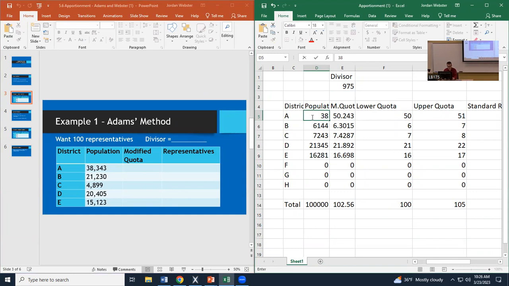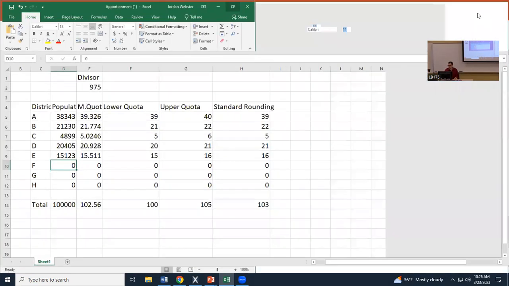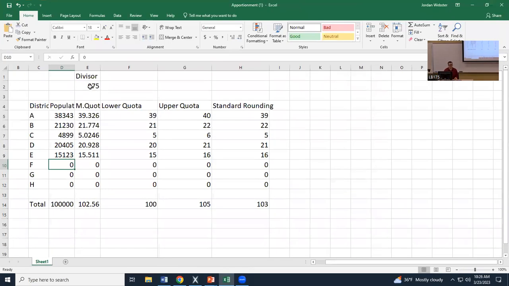So 38,343 goes in for A, 21,230 goes in for B, 4,899 goes in for C, 20,405 goes in for D, E goes 15,123. And sure enough, we get 100,000, we knew that. We know that the standard divisor is 1,000.